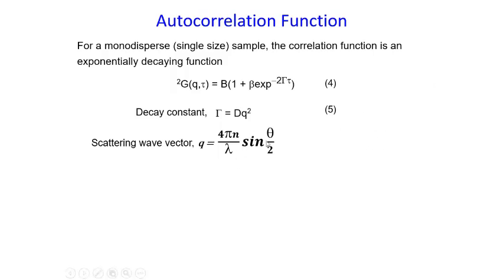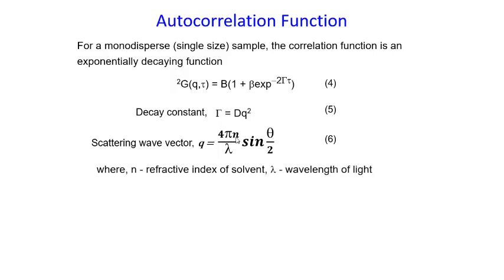So this contains the scattering angle theta as well as the wavelength lambda of the light. Okay, and the other term that you see over here, that is n, that is the refractive index of the solvent, which is being used to disperse the particles.